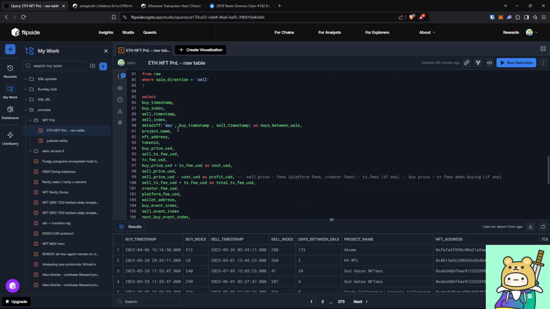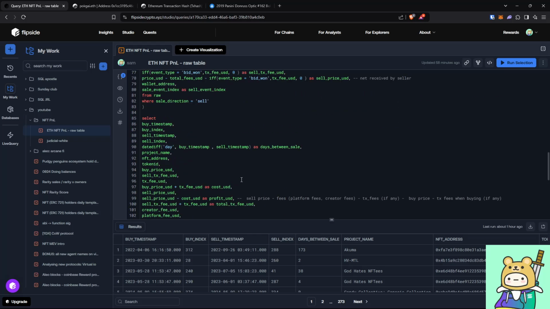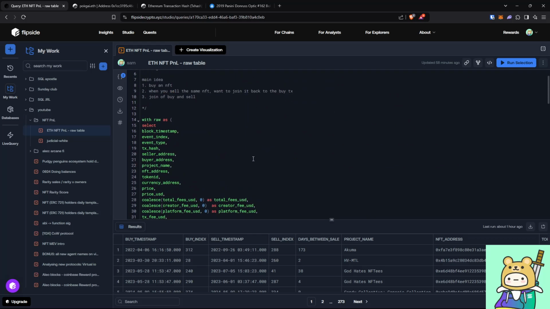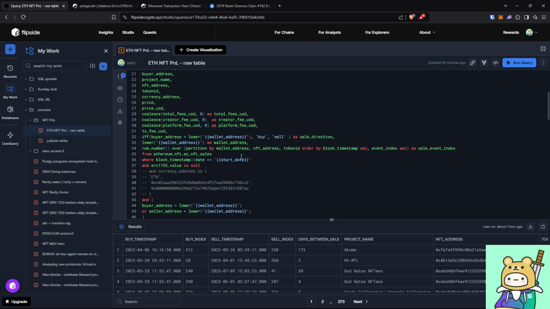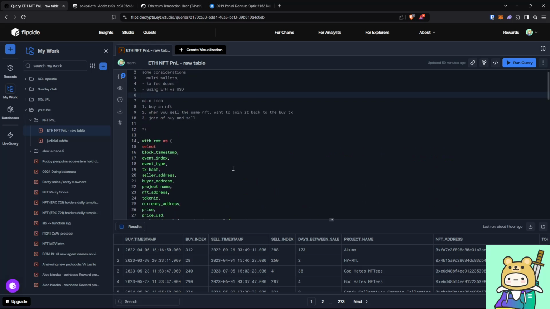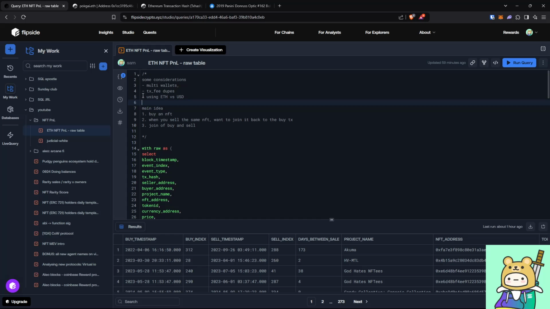But you have to deal with all the event index nuances. Or you can count the number of entities and divide the transaction fee by it. That gives you an estimated transaction fee per NFT, right? That works as well, I guess. Those are the two methods I can think of.